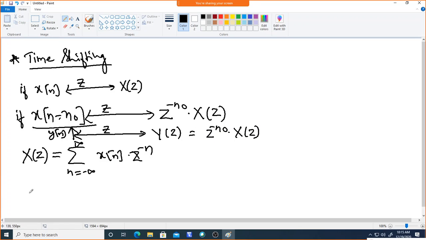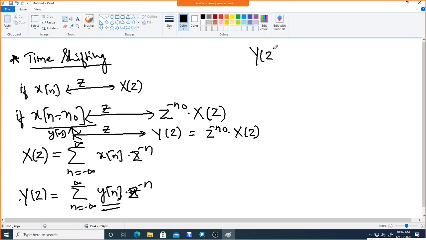So y of z is the summation n equal to minus infinity to plus infinity y of n into z power minus n. Now substitute y of n in terms of the time shifted signal x of n minus n naught. So you get y of z equal to the summation of x of n minus n naught into z power minus n.